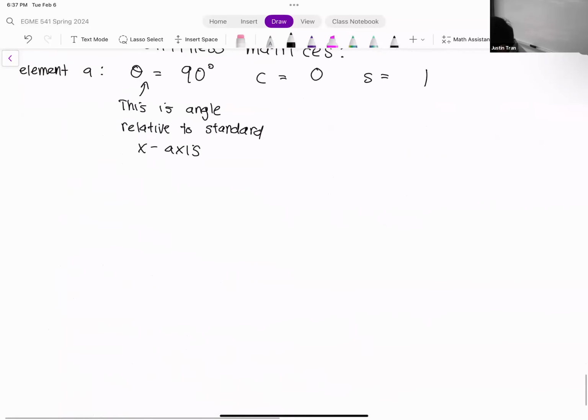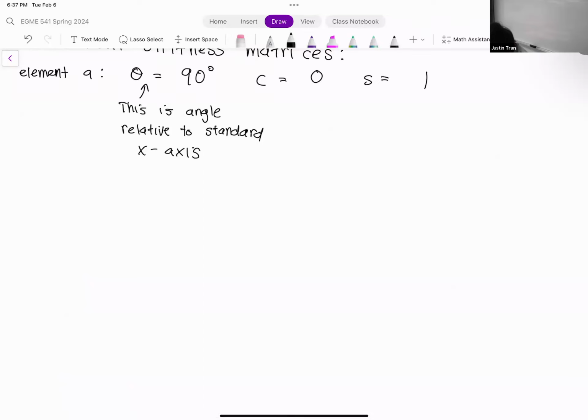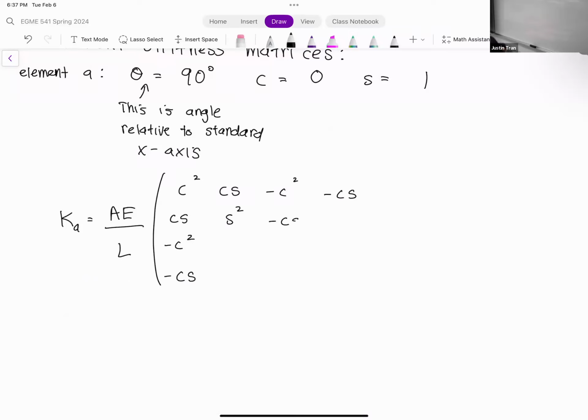Let me go ahead and write this down here. So Ka is going to be equal to A E over L times the matrix: cosine squared, cosine sine, minus cosine squared, minus cosine sine; cosine sine, sine squared, minus cosine sine, minus sine squared; minus cosine squared, minus cosine sine, cosine squared, cosine sine; minus cosine sine, minus sine squared, cosine sine, sine squared.